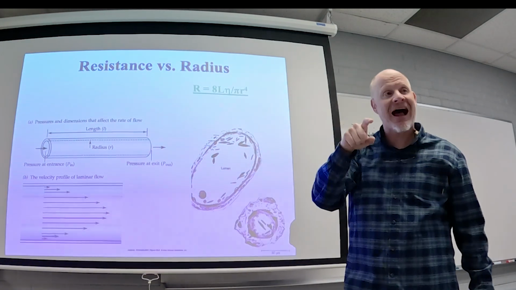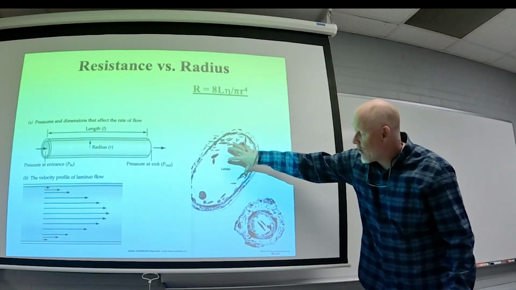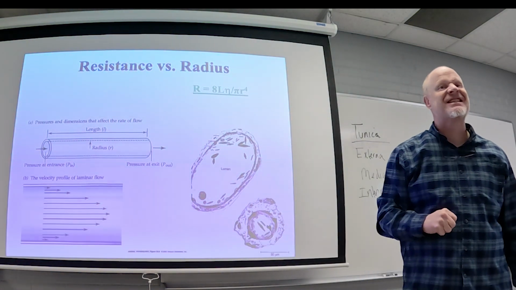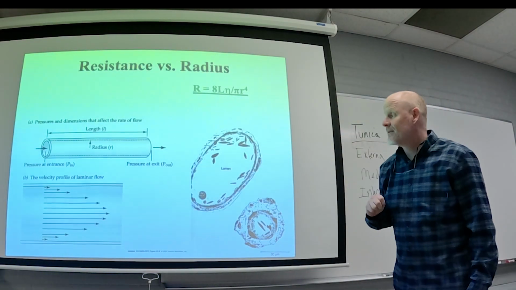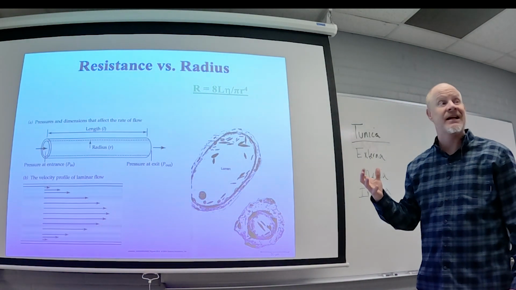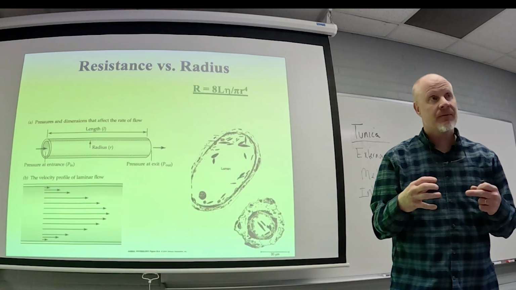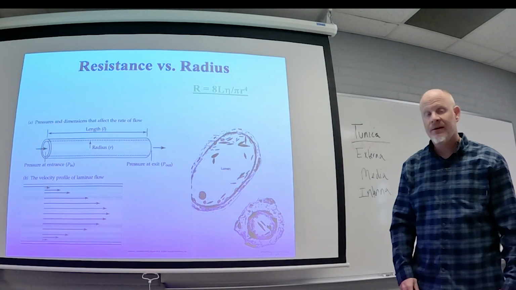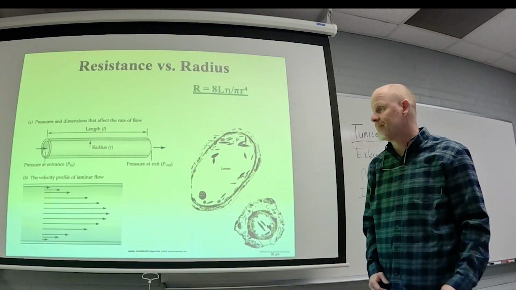So if you halve the radius of an arteriole, if this is wide open and this is closed, you increase the resistance 16-fold. 4 times 4, right? That's incredible. So just halving the diameter increases resistance so much that blood flow to that area is going to really stop almost and then back up.